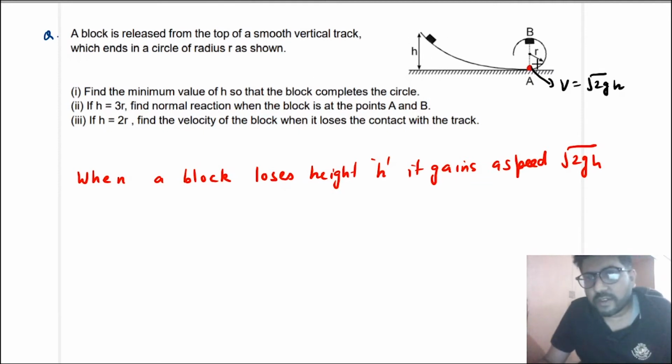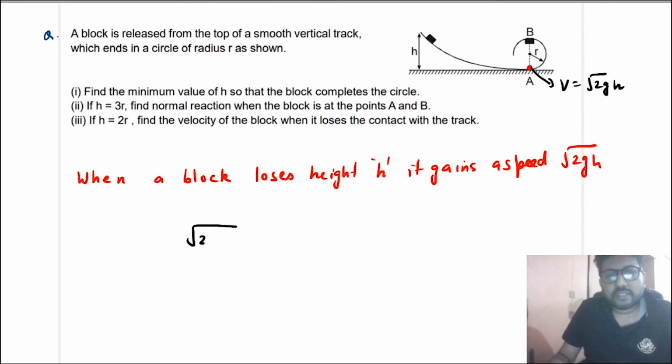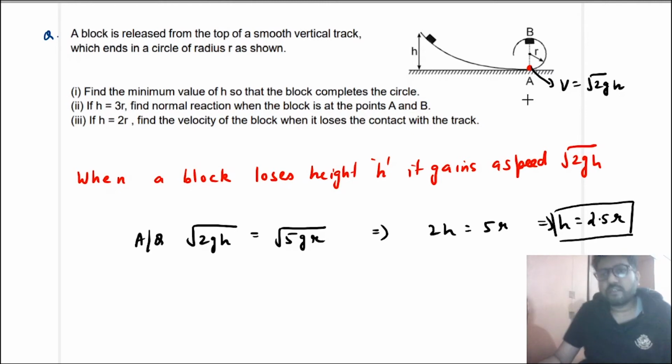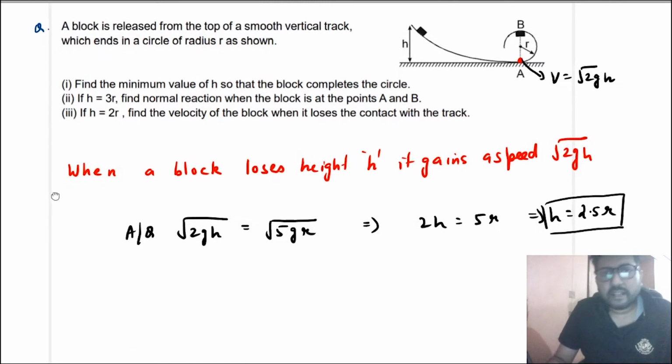Now if the block wants to complete the circle, you know that the speed here should be root 5 gr. So root 2 gh according to the question has to be equal to root 5 gr. So from this you will get 2h is equal to 5r, or h is equal to 2.5r. So this is the minimum height for which this block can complete the vertical circle.